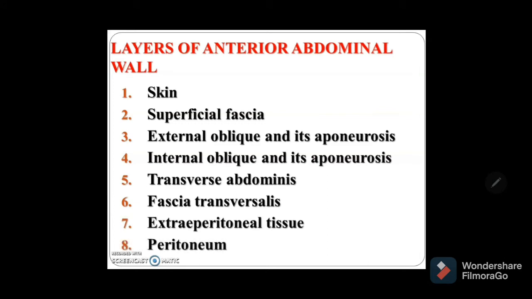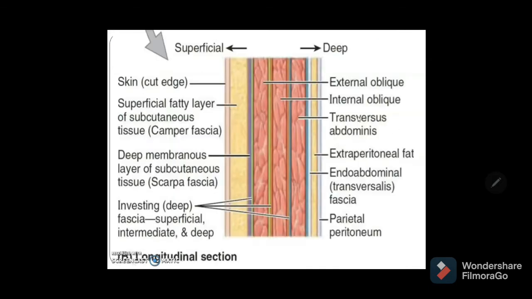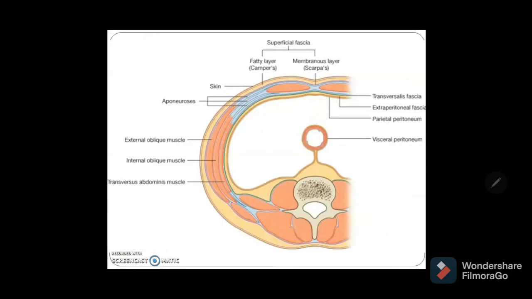So these are the 8 layers of the anterior abdominal wall. Starting from outside to inside, skin is thin and sensitive, then superficial fascia, which below the umbilicus is divided into 2 layers, then 3 flat oblique muscles you can see, external oblique, internal oblique and transverse abdominis, then transversalis fascia, also known as endo-abdominal fascia.